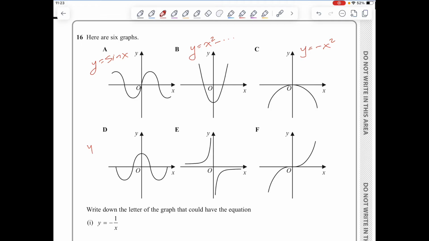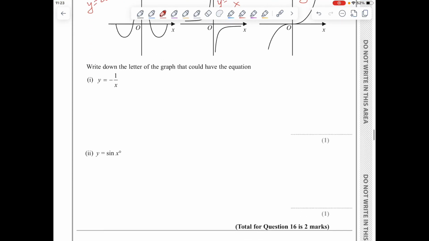Part D is y equals cos x. E is a reciprocal, negative reciprocal, y equals minus 1 over x or any other numerator as long as it's negative. And then F is y equals x cubed, that's a cubic one. So if you go and answer the questions, for I, this is graph E, and for II, it's graph A.